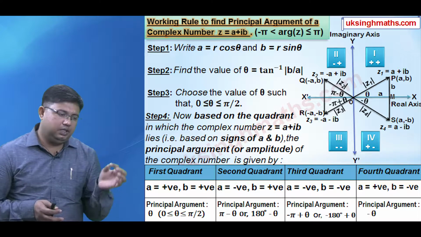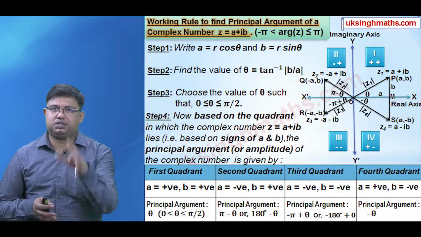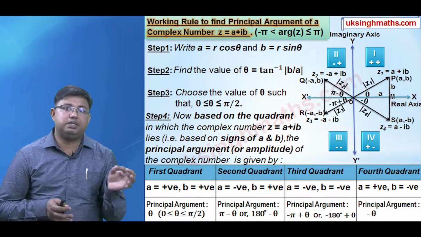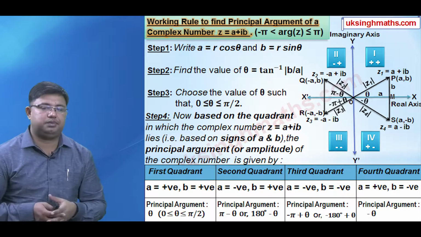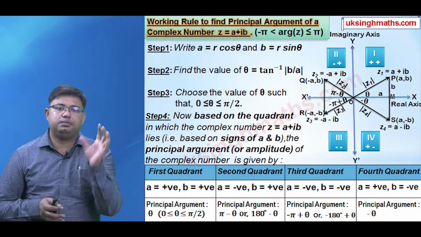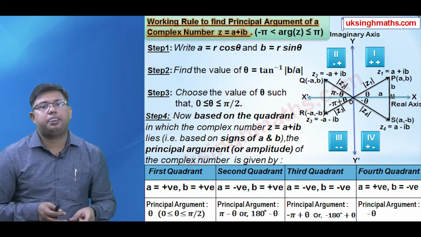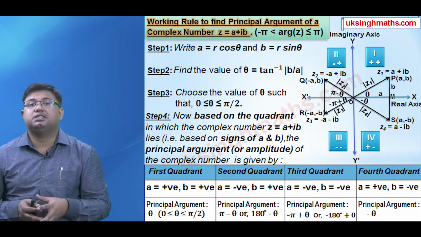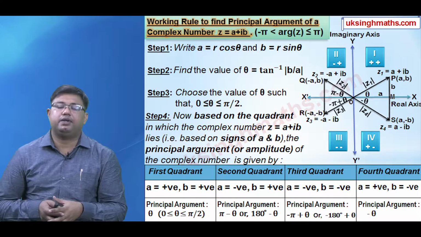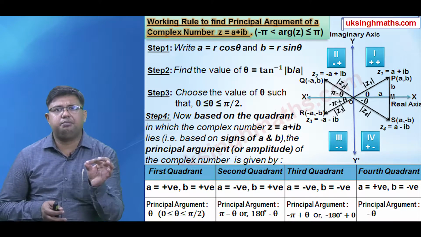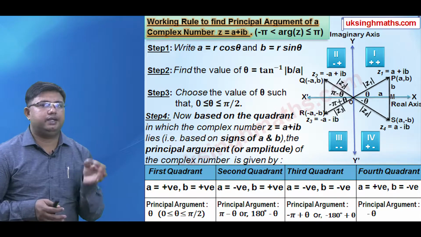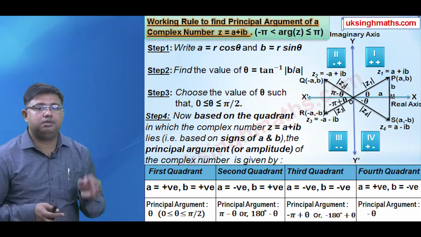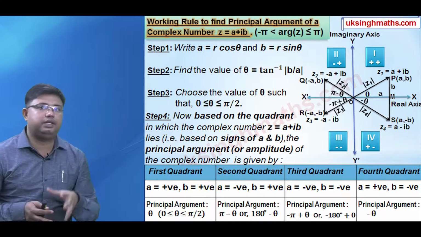Now let us see, if your complex number lies in the first quadrant, that is the real part is positive and imaginary part is also positive, then the value of the principal argument is given by theta obtained from step 3. If your complex number z equal to a plus ib lies in the second quadrant, then the real part a would be negative and the imaginary part b will be positive. Here the principal argument will be given by pi minus theta or 180 degree minus theta.